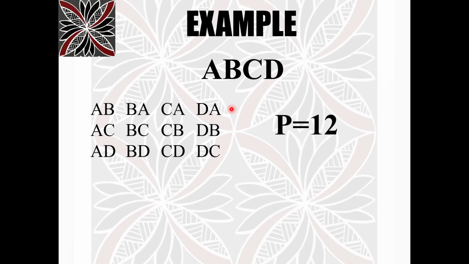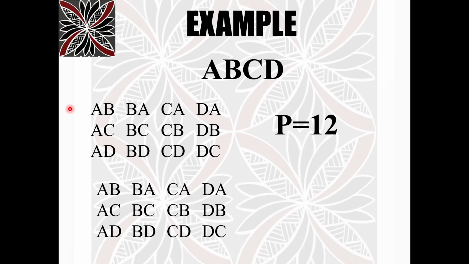So for permutation, if you count all these groups, it's 12. That's permutation. But for combination, we eliminate the repeated ones, since the order doesn't matter. For example, we have AB, therefore we don't count BA. We have AC, we don't count CA. We have AD, we don't count DA.